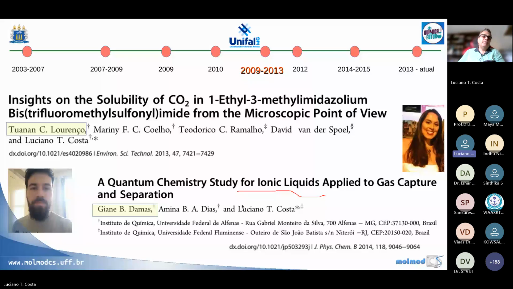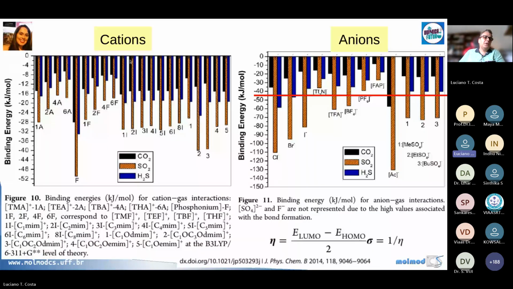So Gianni did a very excellent study in her master project, exploring many cations, as you can see on the left side here, and other anions, as you can see on the right side here on my screen.